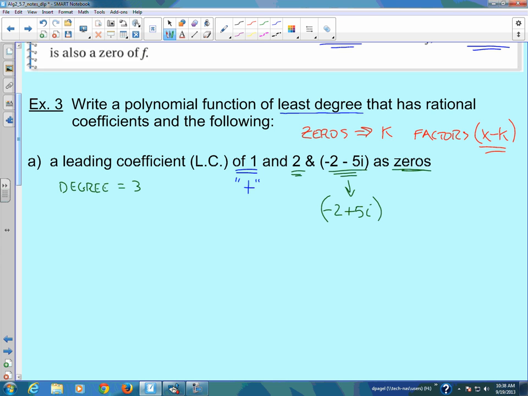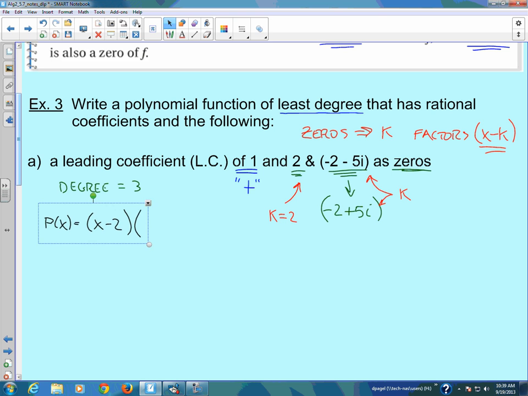All right, so if I have to do that, if I have one k equal to 2, another k equal to negative 2 minus 5i, and yet another equal to negative 2 plus 5i, then my polynomial P of x is equal to x minus 2, the real part, and then here come the imaginary parts.